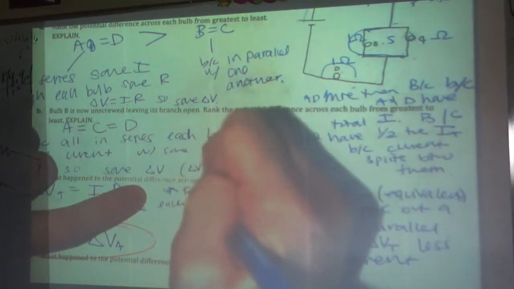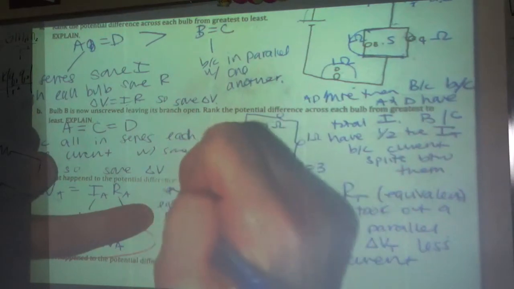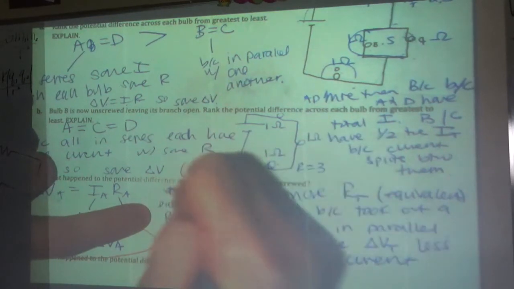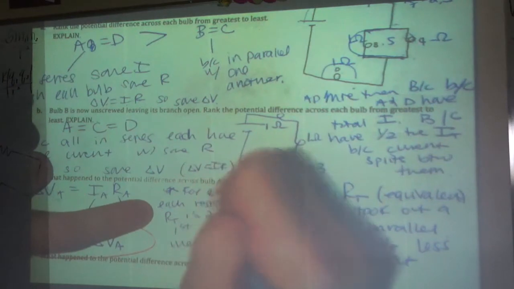For example, if each resistor is 1 ohm, R total is 2.5 at first, and R total equals 3 when B is unscrewed, because it's just 1, 1, and 1.